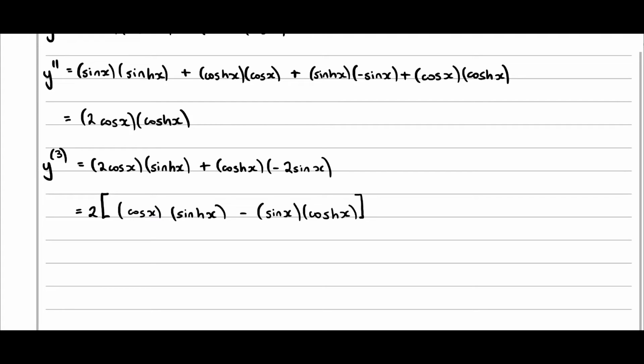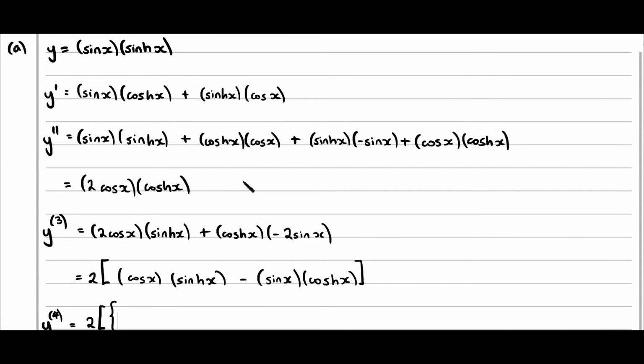And then the fourth derivative will equal 2 lots of, well, if we differentiate cos x multiplied by sin hx, we worked this out to be this thing over here.